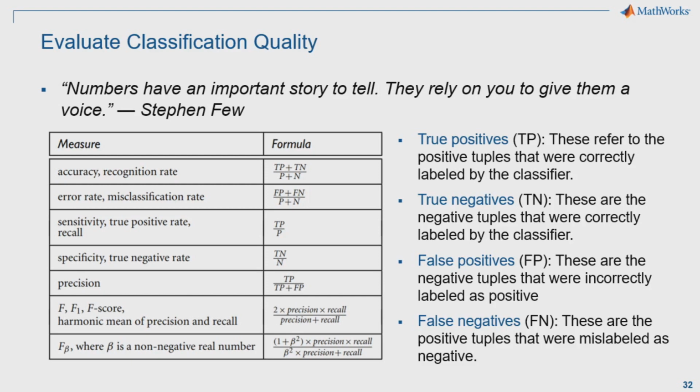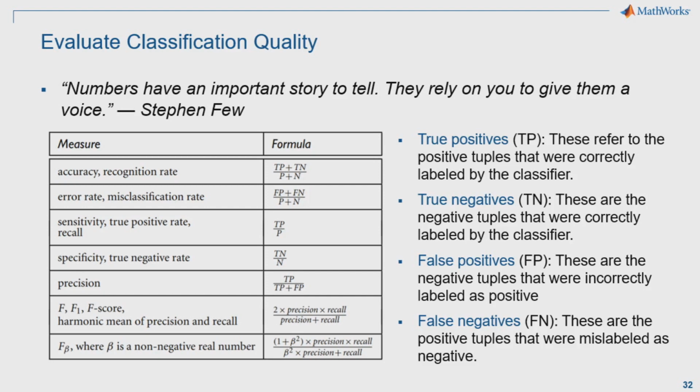Another very common one is the sensitivity and the specificity, and also the F measures, which can be different depending on the value of beta that you use. You can see here how they are computed. They are computed based on the definition of four kinds of groups of examples, which are the true positives.